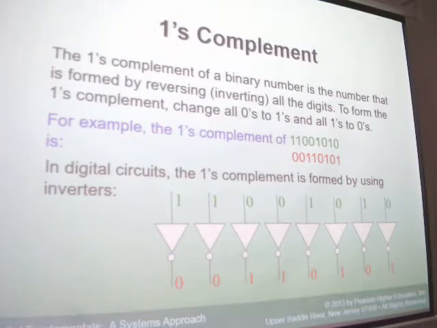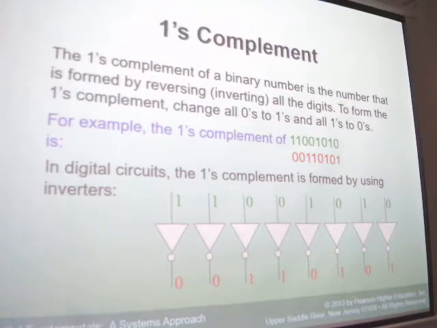But for a negative number, for example, minus 34, we use the same number to represent 34, which is 0 0 1 0 0 0 1 0.